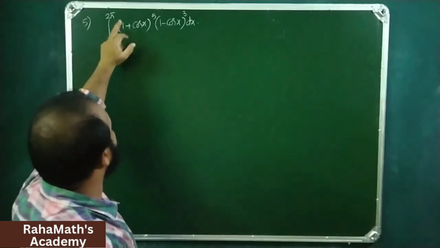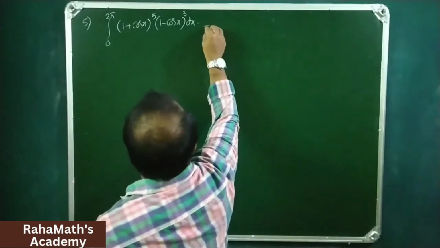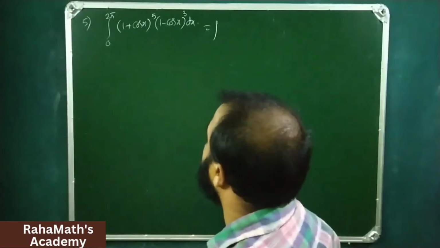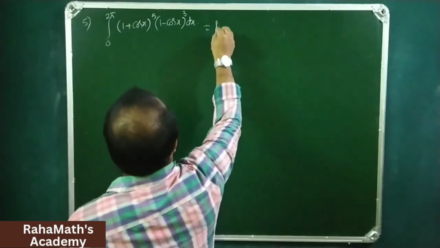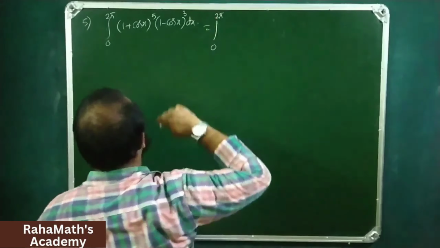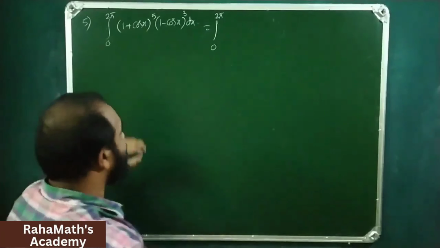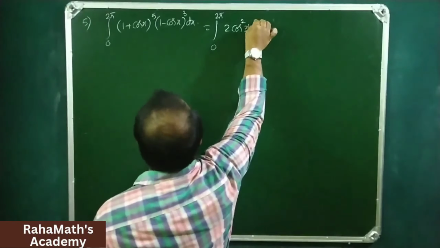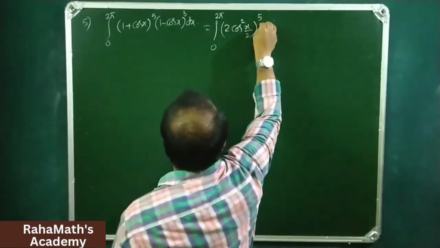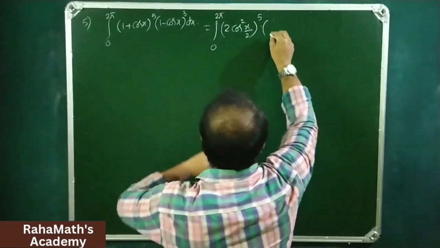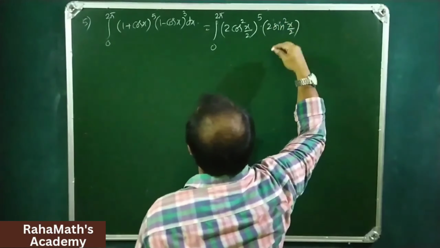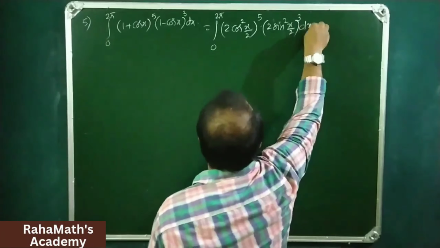Last question from the exercise 7C. Integral 0 to 2 pi, 1 plus cos x whole power 5, 1 minus cos x whole power 3 dx. So 0 to 2 pi, already we know 1 plus cos x is 2 cos square x by 2, whole power 5, into 1 minus cos x is 2 sin square x by 2, whole power 3 dx.